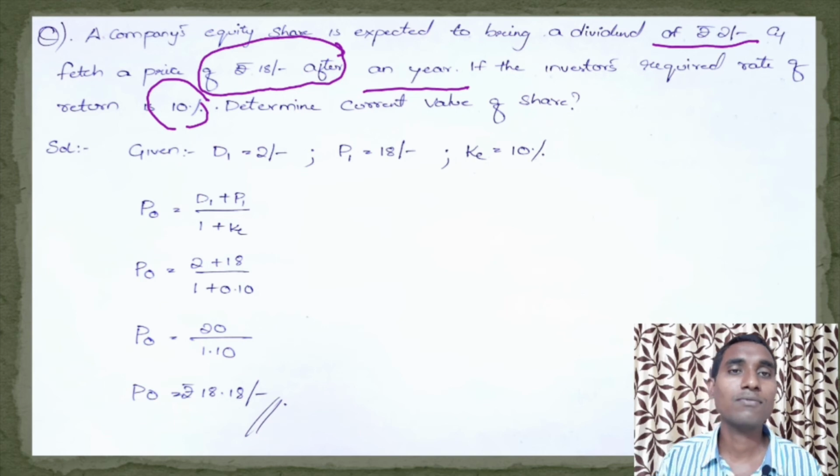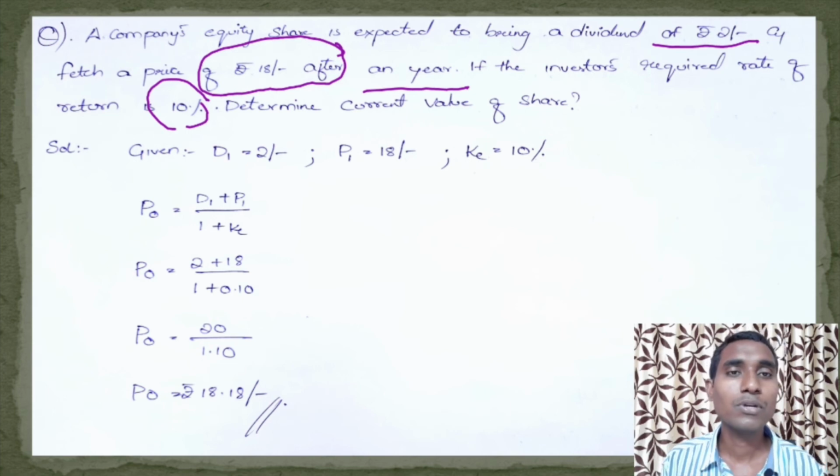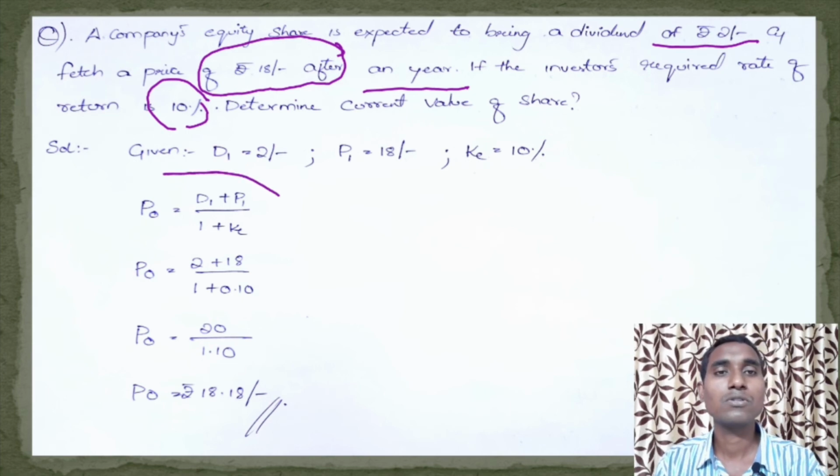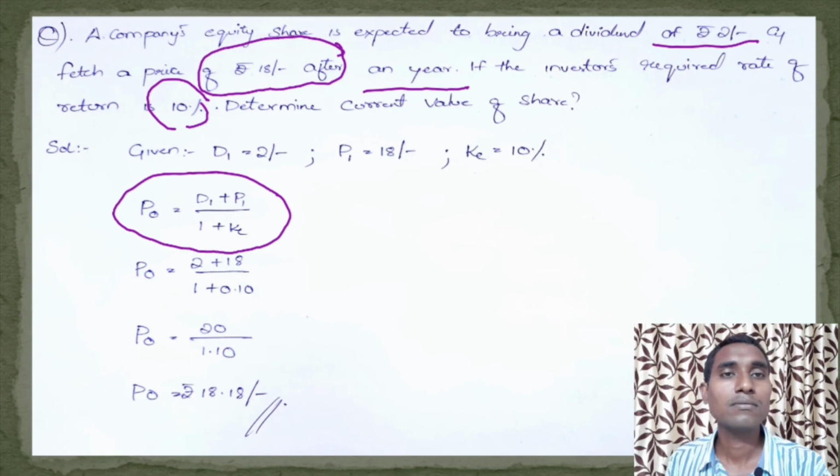How do we find it out? We know very well that when the investor holds for 1 period and sells it at the end of that period, one year ending, then to find the present value you can use this formula: P0 equals D1 plus P1 by 1 plus KE. We have D1, we have P1 and we have KE, so I have just substituted.